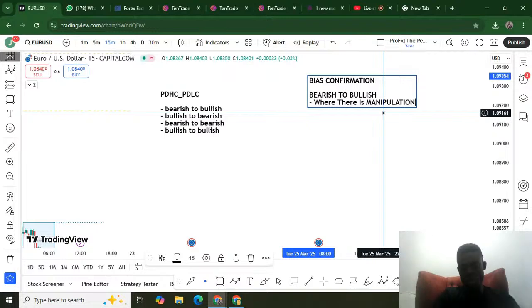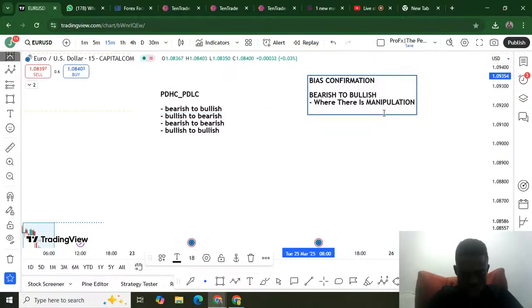Distribute. So I'm going to write here, for manipulation, I would say that price will trade below the previous day close. Okay, previous day low and close.